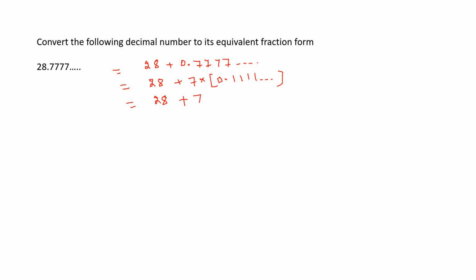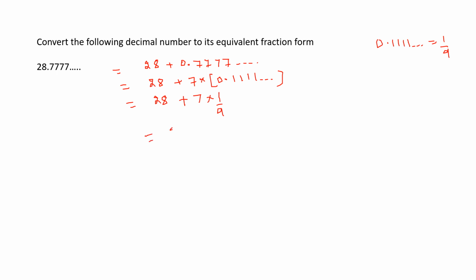Now can you tell me the 0.111, this is equivalent to what? That's given in the conversion chart. Go back and check it out. So 0.111, that's equivalent to 1 by 9. So here you can write it as 28 plus 7 into 1 by 9.